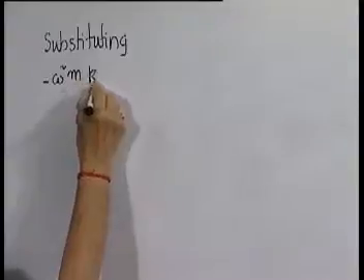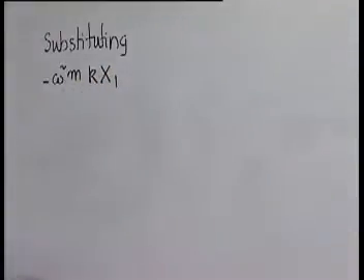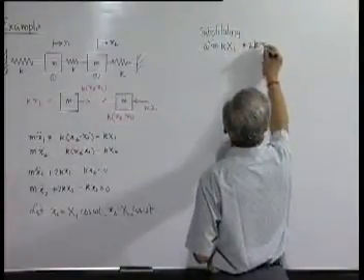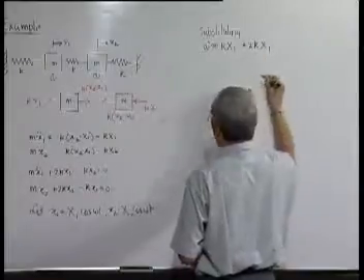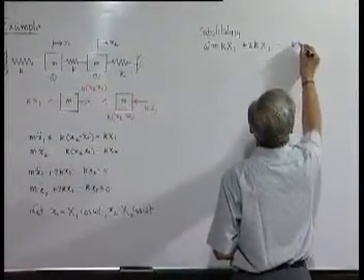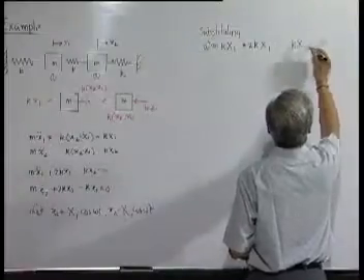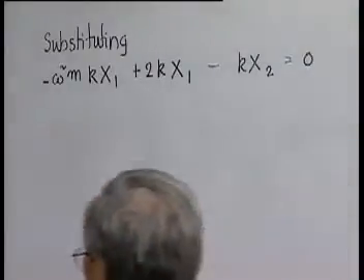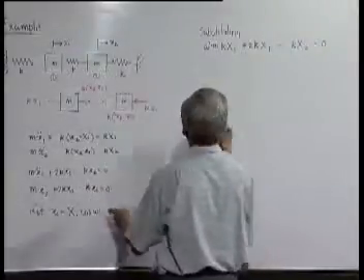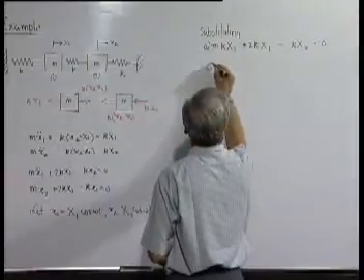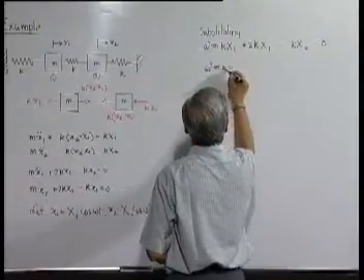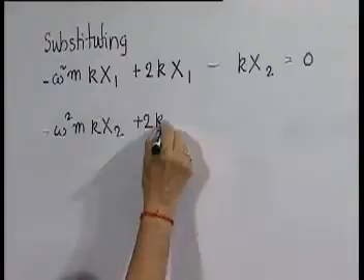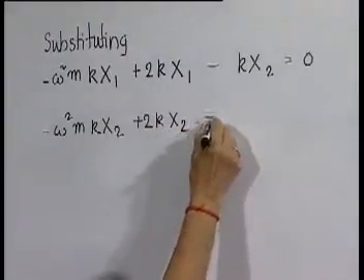Now, if we substitute this in these equations, what we get is simply minus omega square m x1 plus 2k x1 minus k x2 equal to 0, because cosine omega t is there everywhere and I can take it out.